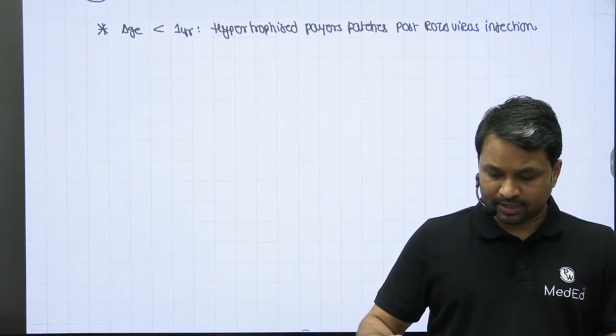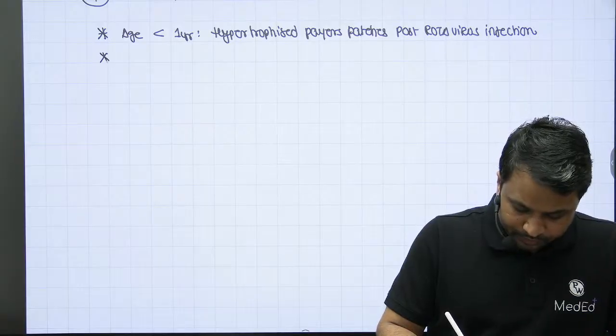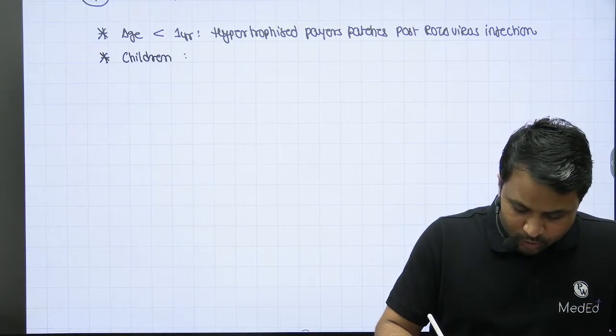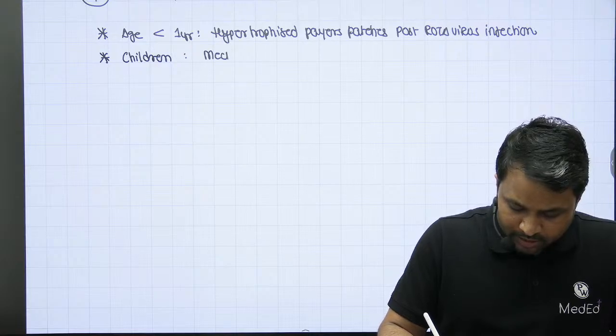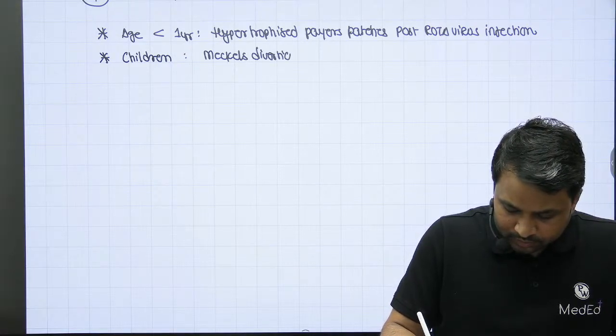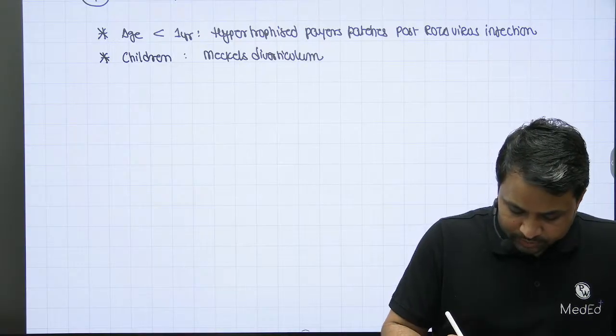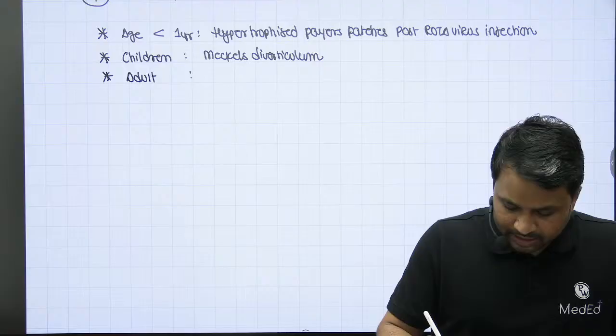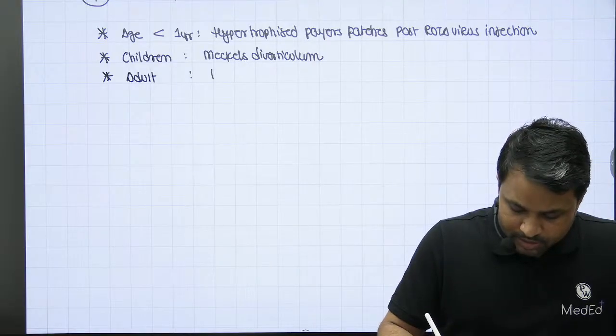Okay? So that is age less than 1 year. In children, the most important or the most common lead point is going to be Meckel's diverticulum. Okay, Meckel's diverticulum. In adults, it can be secondary to polyps.